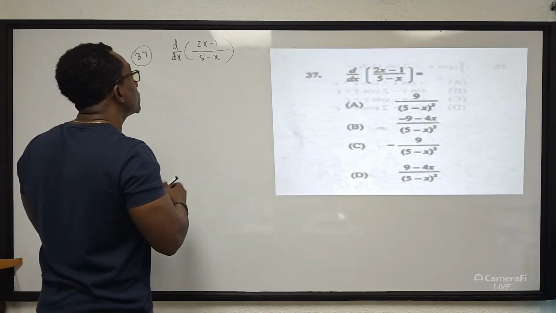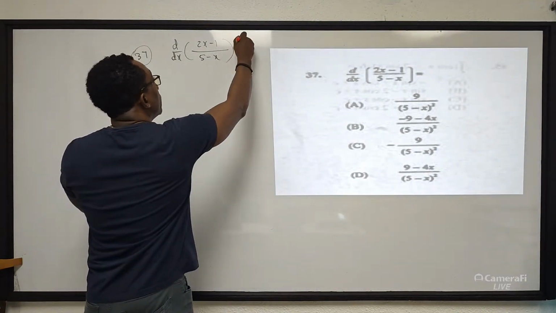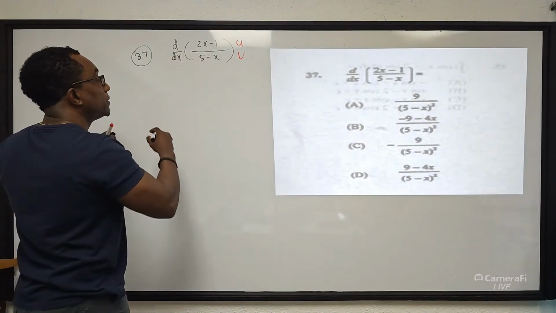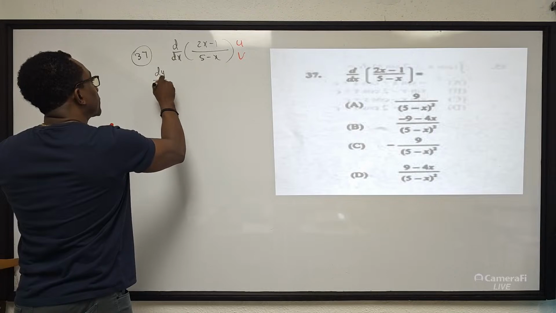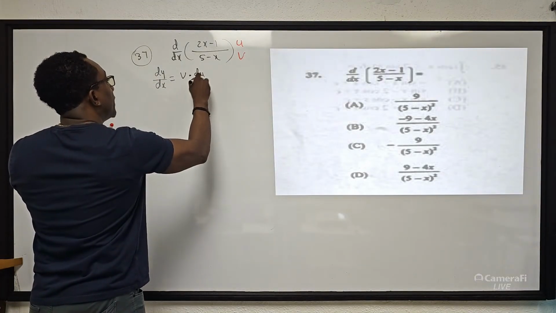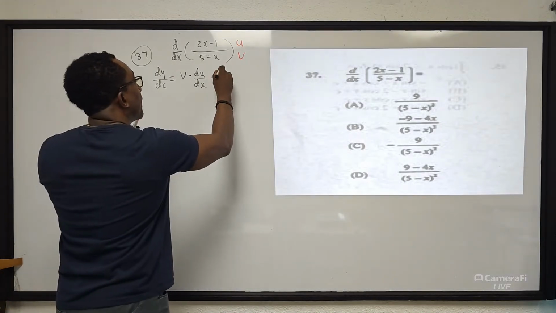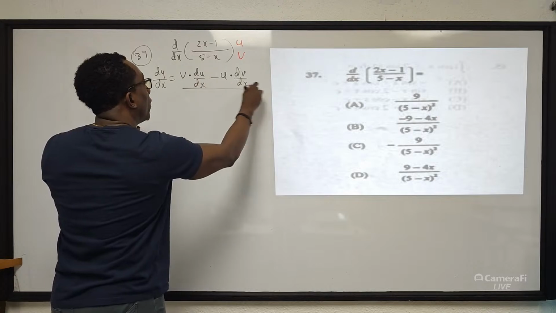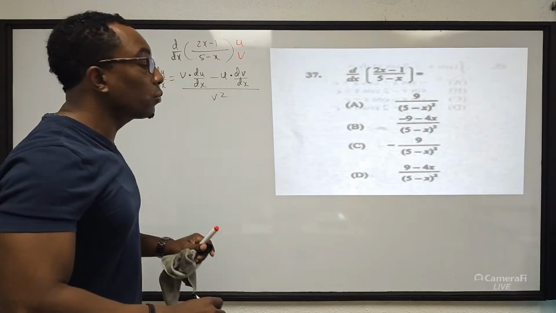So using the quotient rule where this is u and that is v, the quotient rule is what? dy over dx is equal to v multiplied by the differential of u minus u multiplied by the differential of v, all over v squared.